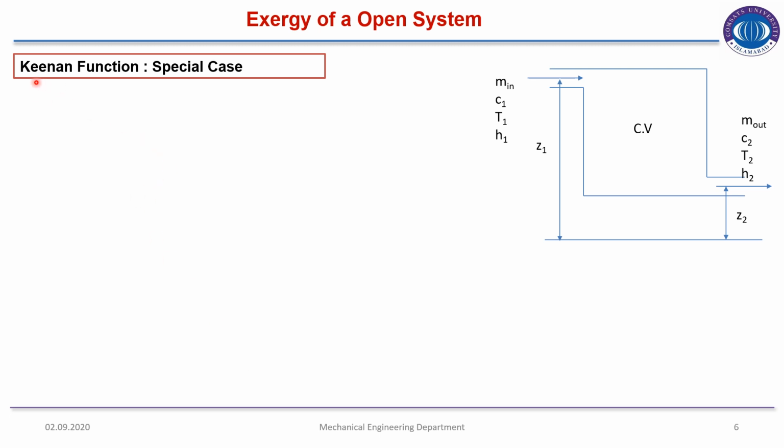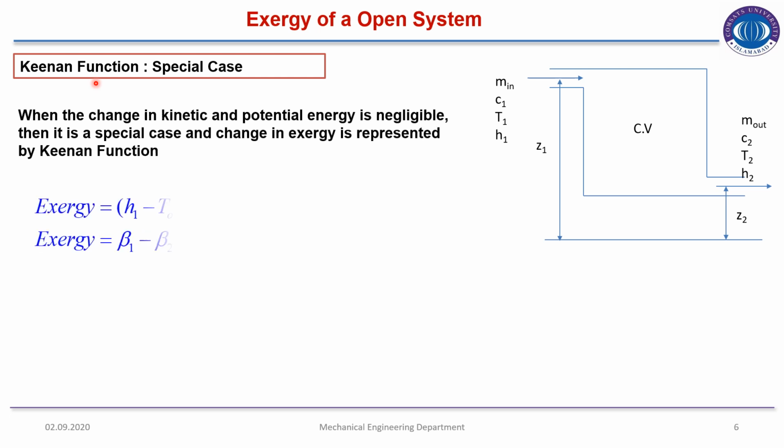So here we have a special case of availability function that is known as Keenan function. So what is Keenan function?